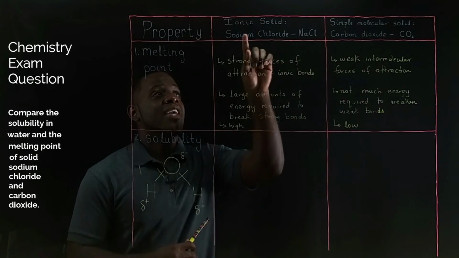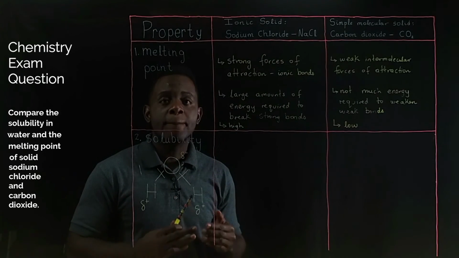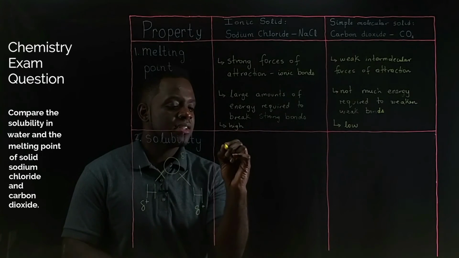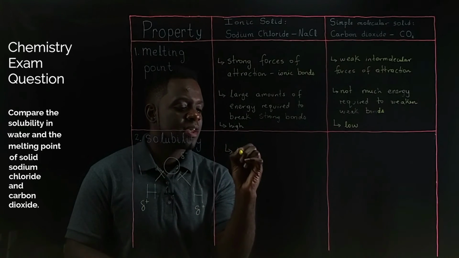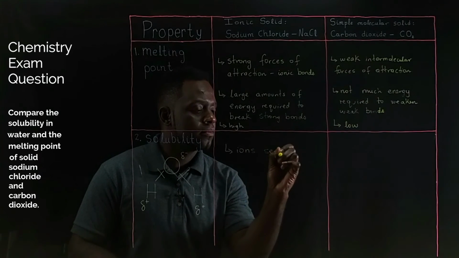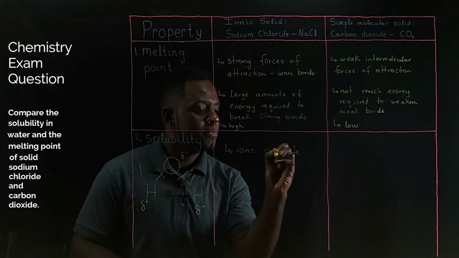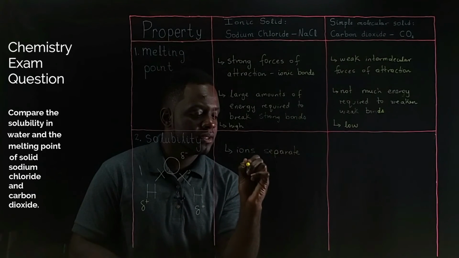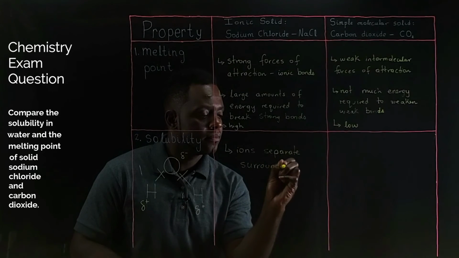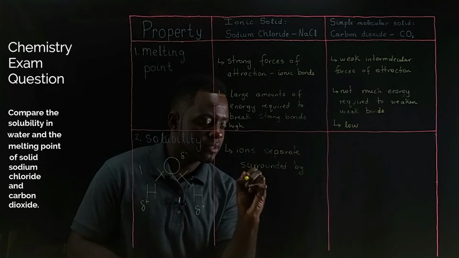So when ionic solids such as sodium chloride dissolve in polar solvents such as water, the ions separate and become surrounded by the water molecules.